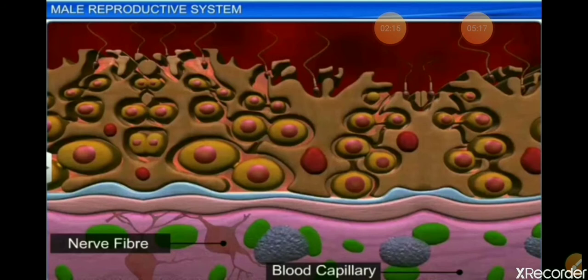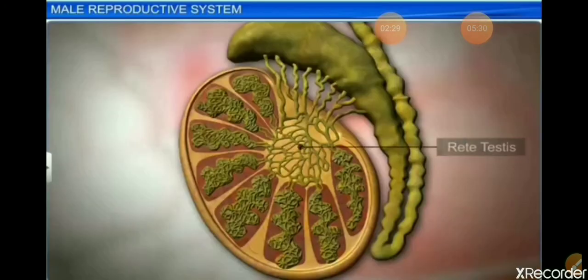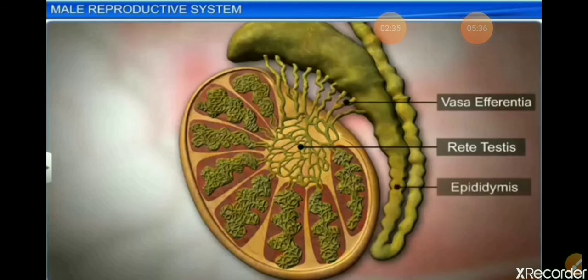They are involved in the secretion of androgenic hormones, that is testosterone and so on. So androgens are secreted by these cells found inside the seminiferous tubule. And now all the seminiferous tubules will be getting connected to the next part of the structure, that is the accessory ducts.